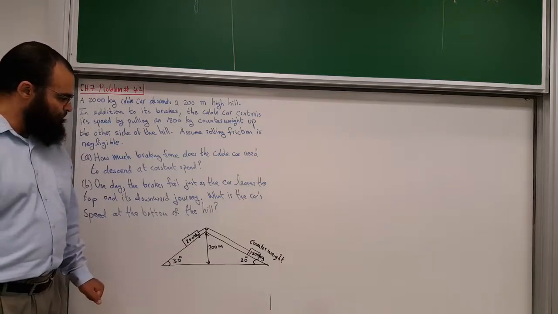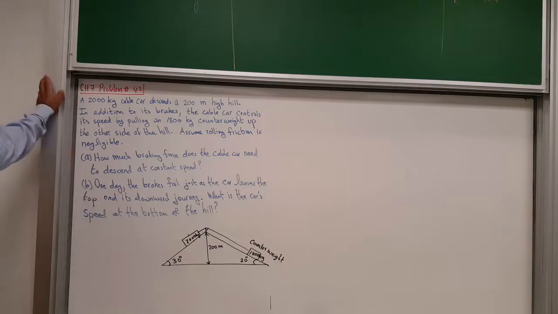Okay? All right, let's continue reading the problem. It says, how much braking force does the cable car need to descend at a constant speed? Constant speed along a straight line means the acceleration is 0. So, this is motion with 0 acceleration.